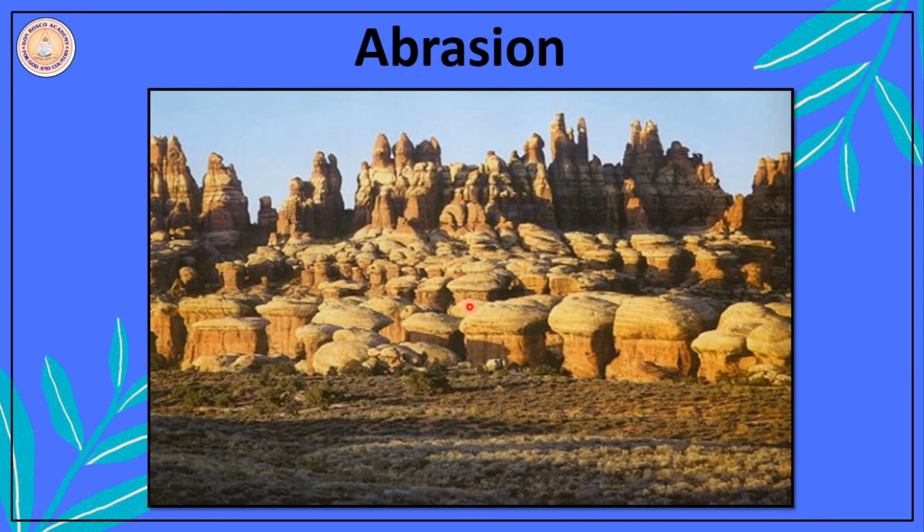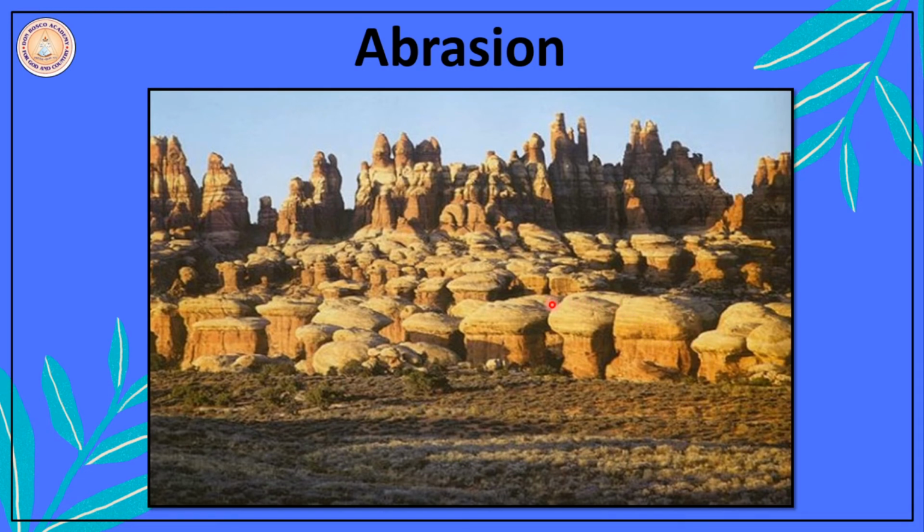Here we can see that all these areas, the upper part of the rocks, have all been rounded and polished due to the abrasive nature of the wind. When the wind blows, carrying sand particles with it, the maximum amount of sand particles are blown just above the ground.